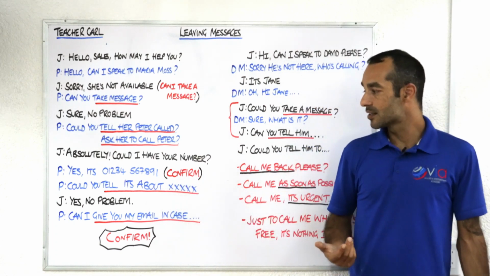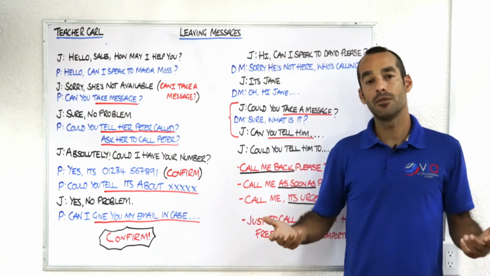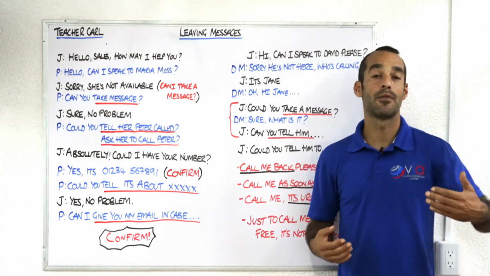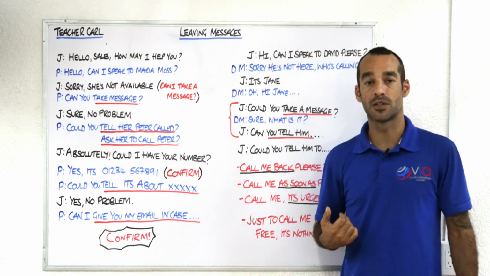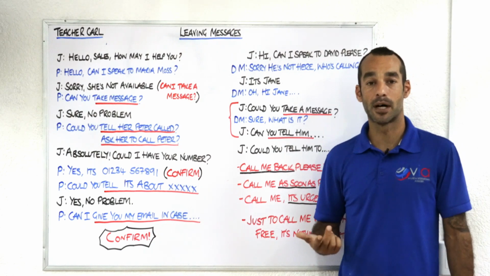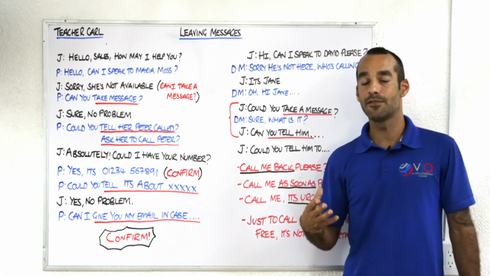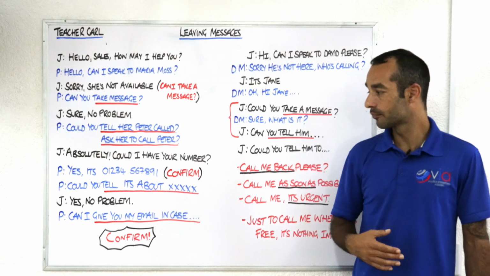Now maybe you'd like to say, could you tell her it's about a project? Could you tell her it's about the event this weekend? Or could you tell her it's about the reports that needed doing by the end of the month? Giving this information will also leave the receiver of the message with a clearer understanding of what's required.